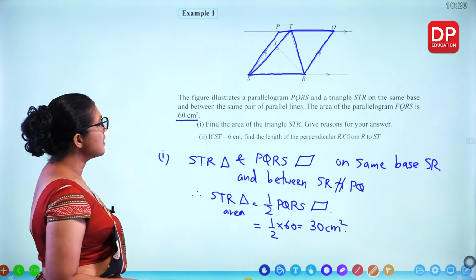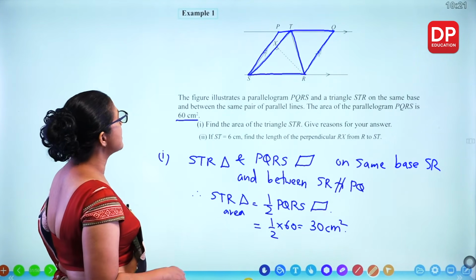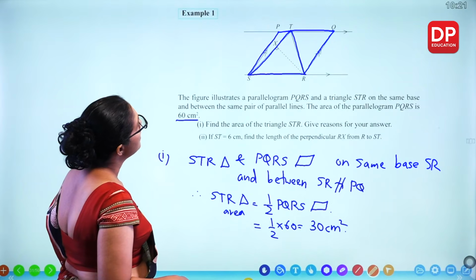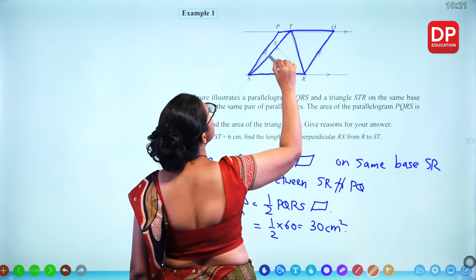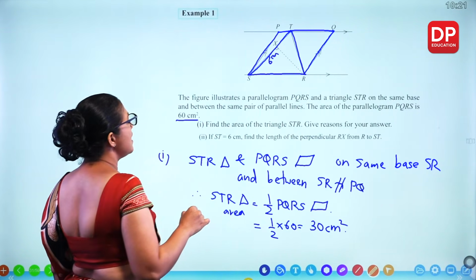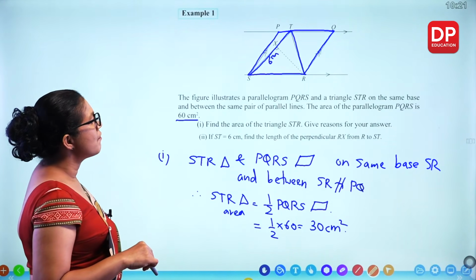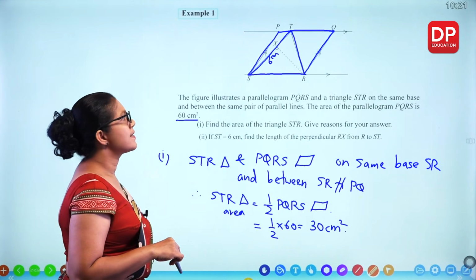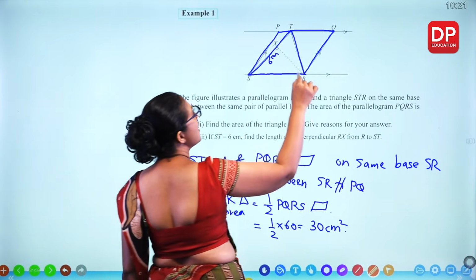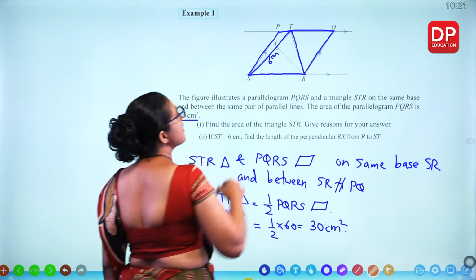The second part: ST is 6. This length is given as 6 centimeters. Find the length of the perpendicular RX from R to ST. You are asked to find the RX length.